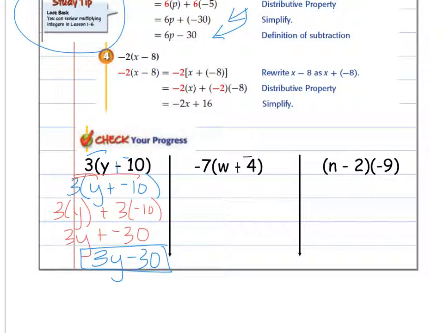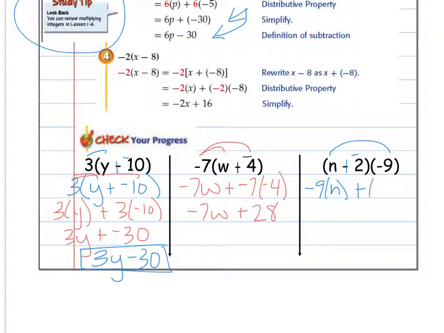So again, we get negative 7 times w is negative 7w. Negative 7 times a negative 4 is negative 7w plus 28, because a negative times a negative is a positive. Here again, you can add the opposite. Negative 9 times n plus negative 2 times negative 9.